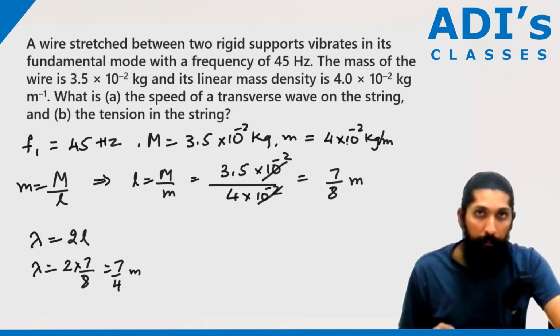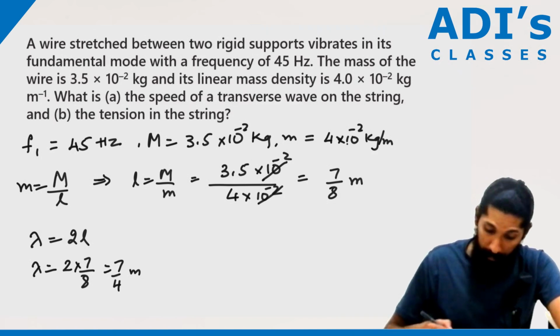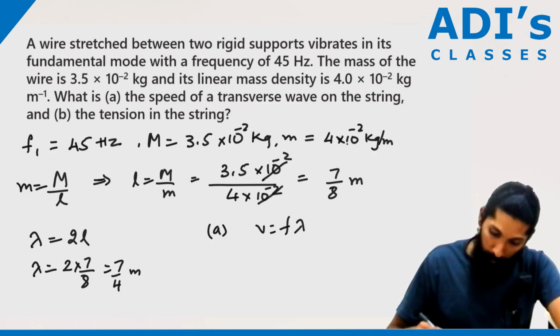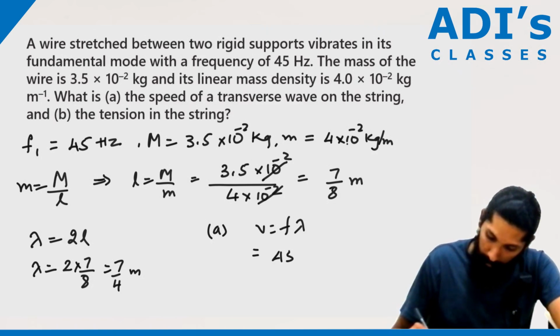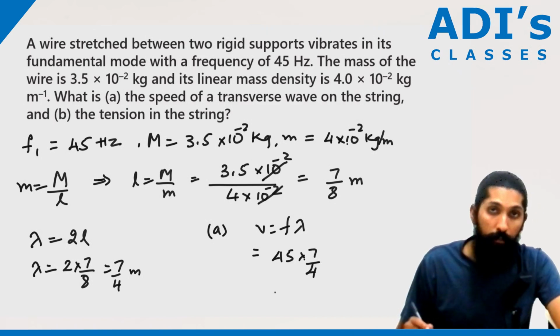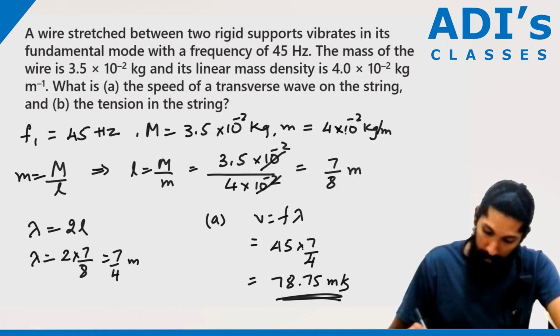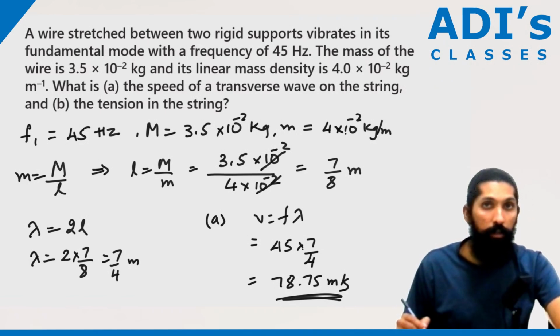Once you know the value of lambda, you can calculate velocity. That means we can answer the first question, v is equal to f into lambda. Now, the frequency is given to be 45. So, 45 into 7 divided by 4. This becomes the velocity. So, you are going to get 78.75 meter per second.